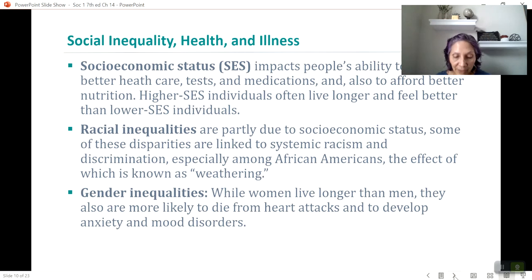But the other thing is that in this society, and this is partly focusing on some of the information from Chapter 9, women are expected to be able to do everything. Okay?